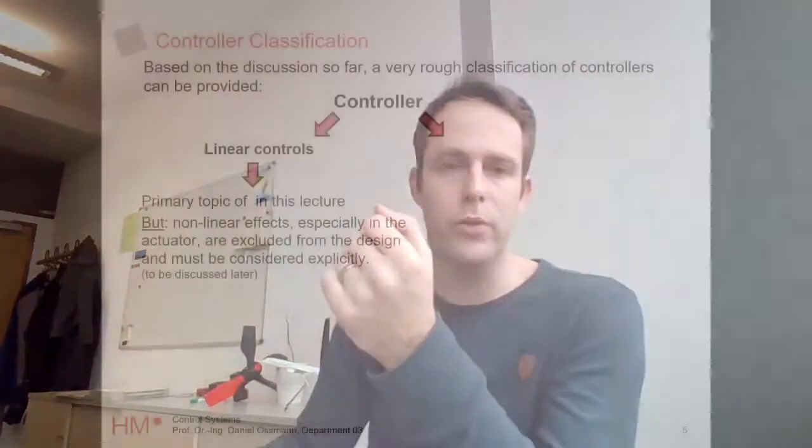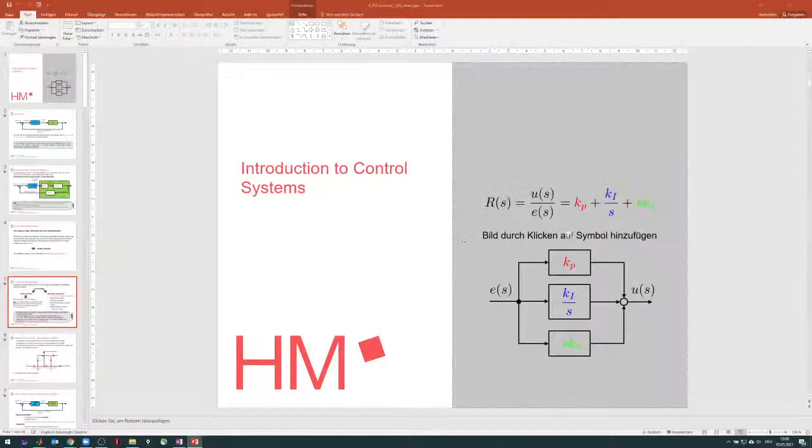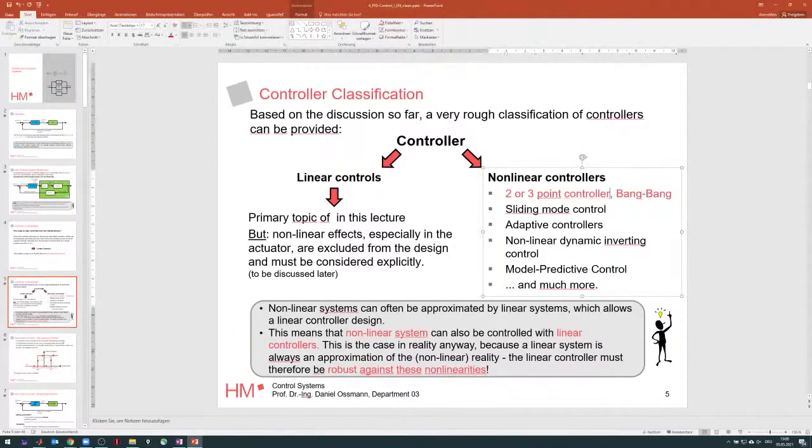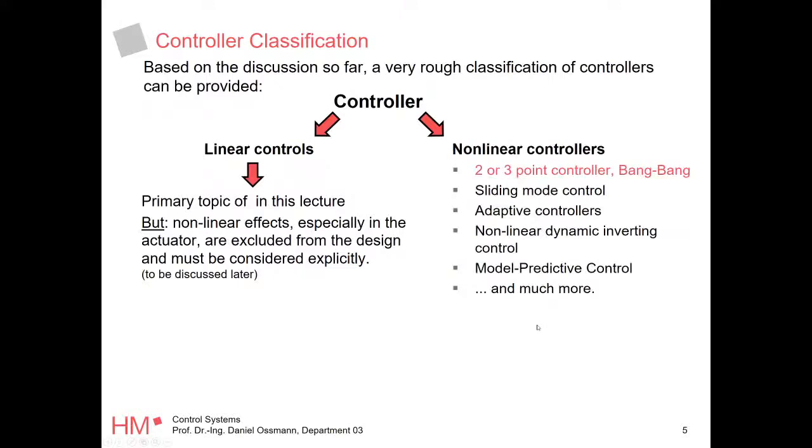Obviously, there's also a broad field of nonlinear controllers, right? For example, 2 or 3 point controllers. And why is it red here? It's red because we're going to start out with that controller. And let me fix the typo immediately, otherwise I forget it. It's the so-called bang-bang controller. And I'm pretty sure every one of you is using such a bang-bang controller on a daily basis.